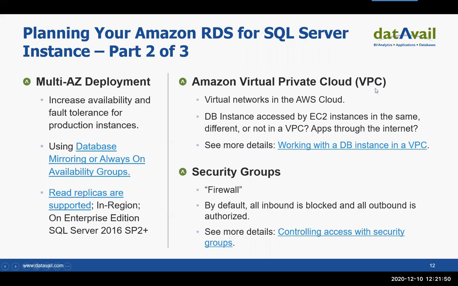VPC. A VPC is a virtual network that's logically isolated from other virtual networks in the AWS cloud. Amazon VPC lets you launch AWS resources such as RDS DB instances or EC2 instances in a VPC. The VPC can be either default or you can create your own.